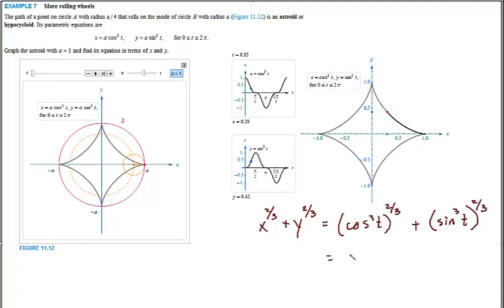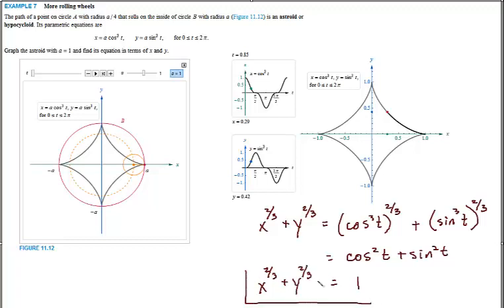With this, I will get cosine squared t plus sine squared t, and then I would note that this equals 1. Therefore, I have x in terms of y written as x to the 2/3 plus y to the 2/3 equals 1. And this is another way to describe this asteroid.